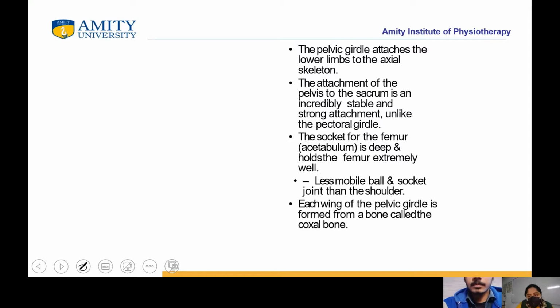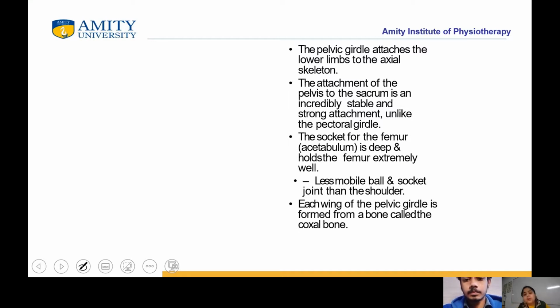The socket for the femur, the acetabulum, is deep and holds the femur extremely well. So it is less mobile than the ball and socket joint of the upper limb, that is the shoulder joint.